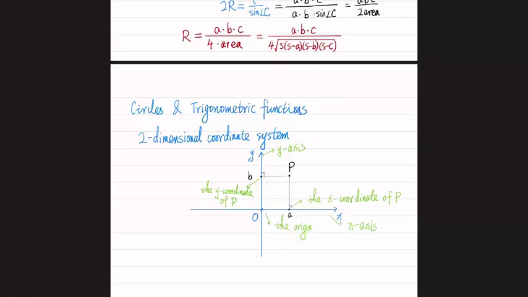Okay, so for any point on the plane, we have 2 coordinates, A and B. Sometimes we will use the notation P(A, B) to record the two coordinates, the x coordinate A and the y coordinate B.